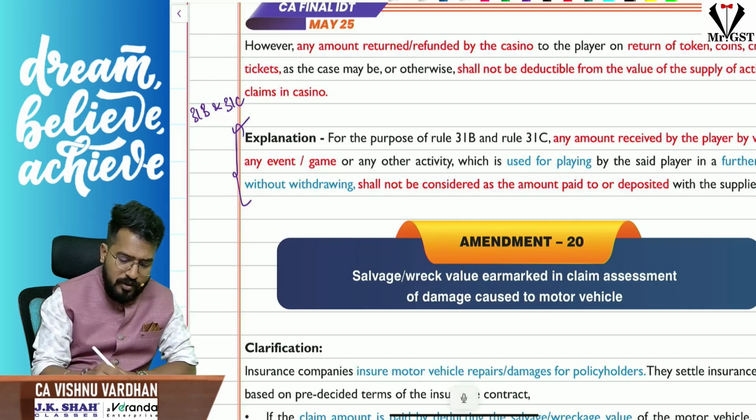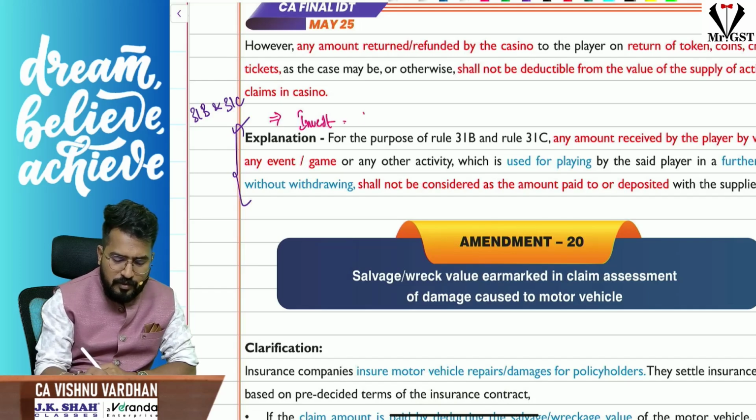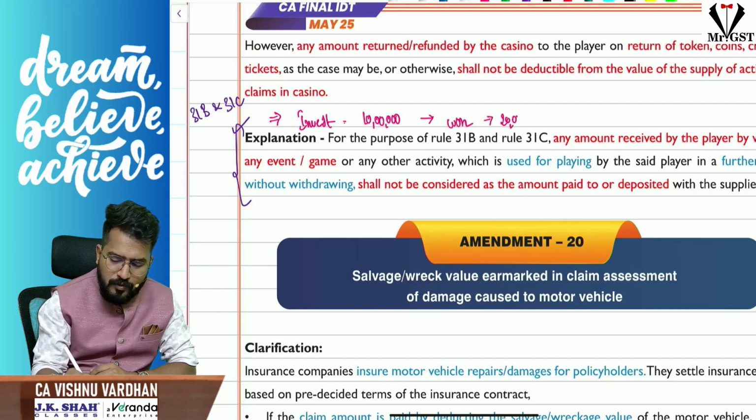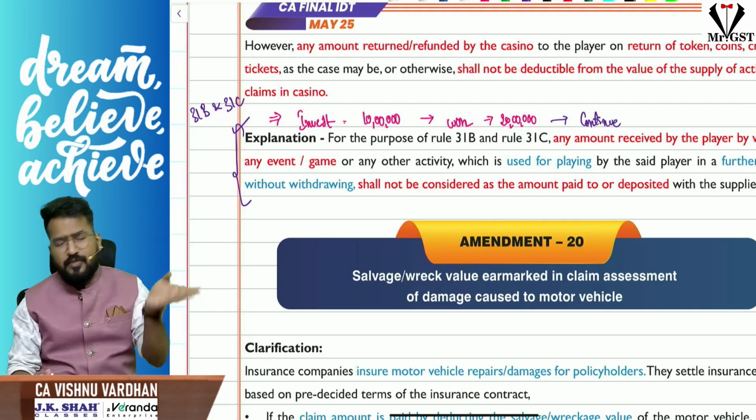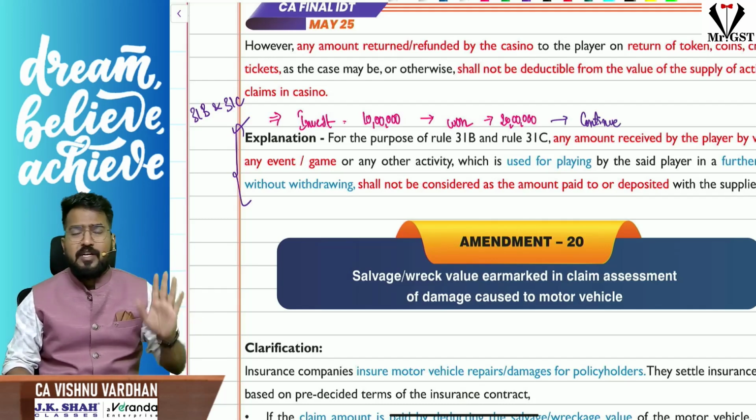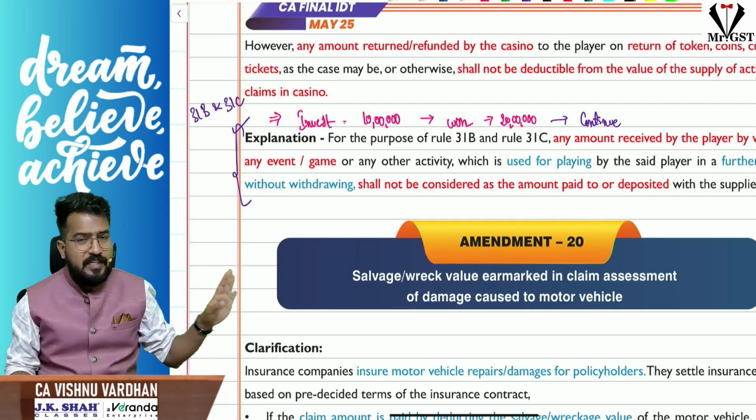If you have won, let us assume your investment, I mean you have put up 10 lakhs, won 20 lakhs, you continue playing, the 20 lakhs became 100 lakhs, 100 lakhs became 200 lakhs, you continue playing, there won't be any GST.